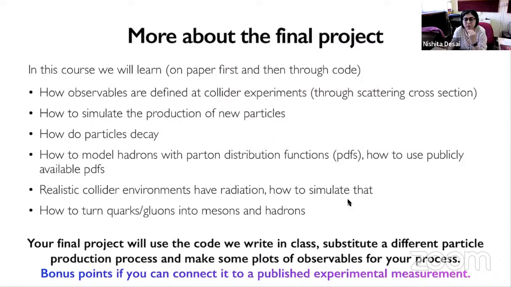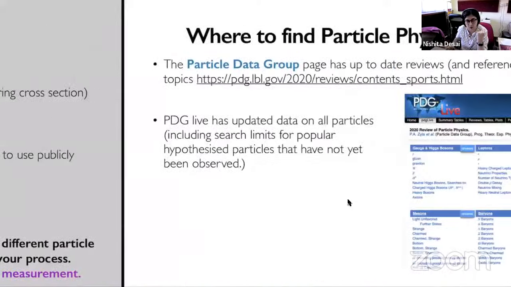We will learn how to simulate the production of new particles. If you're looking for signatures of some new physics that we have not yet seen, what would that look like? How would you simulate that? If you do produce new particles, how would they decay? Any new particles that you produce are not stable, but decay back into some standard model particles. So you would learn about that. And then there are some further details about simulating realistic collider environments.